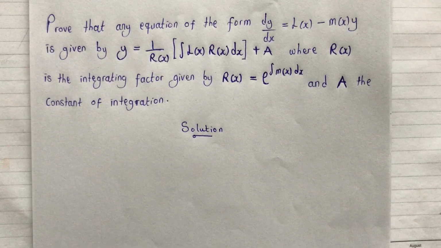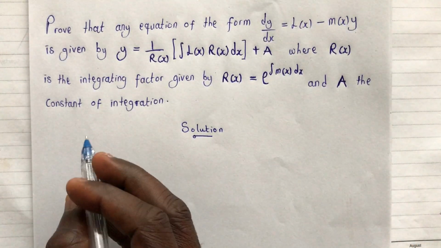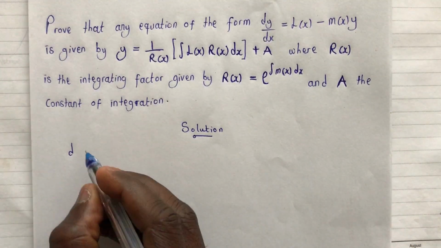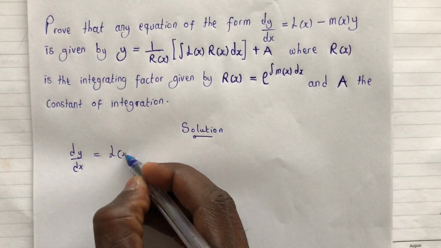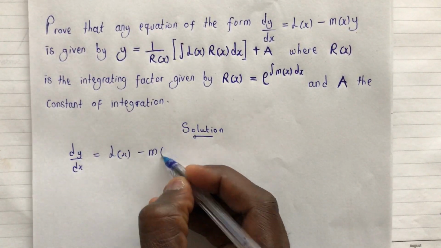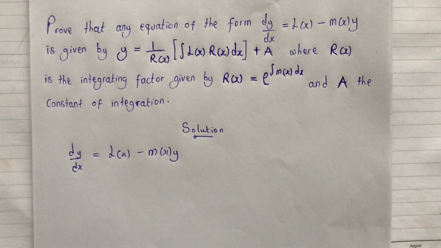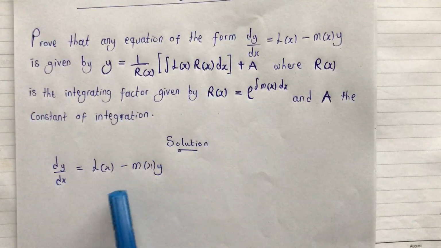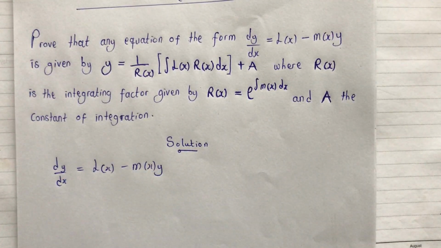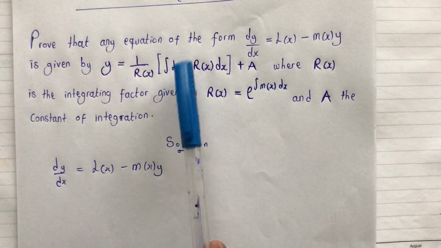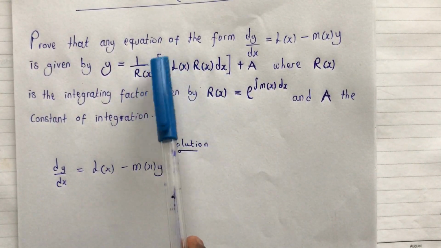So the first thing to do is to write down our equation. So we have dy/dx equal to L of x minus m of x y. So this is what is given to us. We need to prove this using the integrating factor to generate this particular solution here.